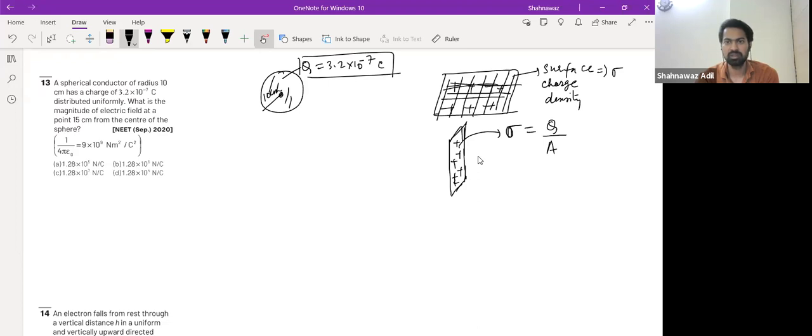And if I say linear charge density, this is some line, or let's say some bar, and the charges are spread like this. So this will have a linear charge density.